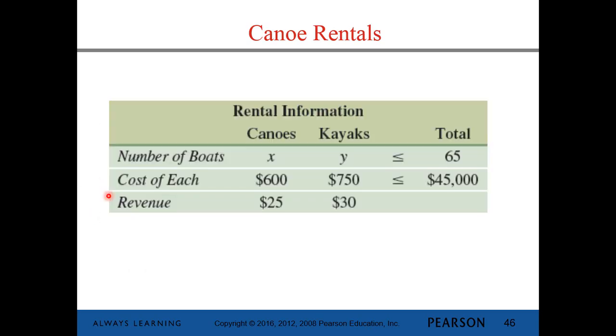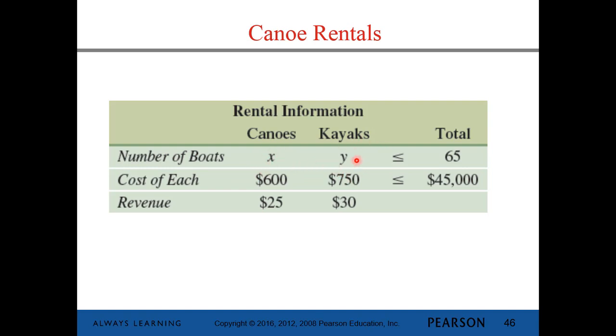With that in mind, we can set up this table with all of the information that we need to set up a system of inequalities and also see what we need to maximize. So here's our table. X is the number of canoes. Y is the number of kayaks.